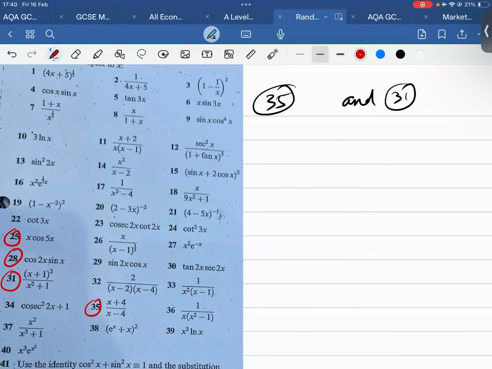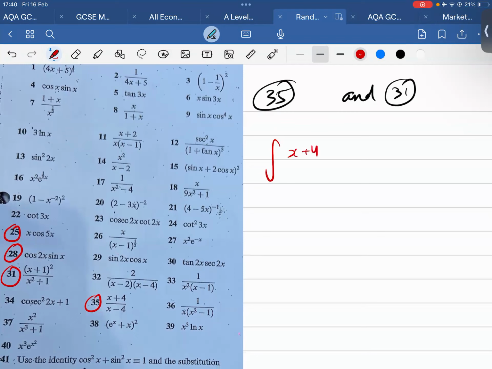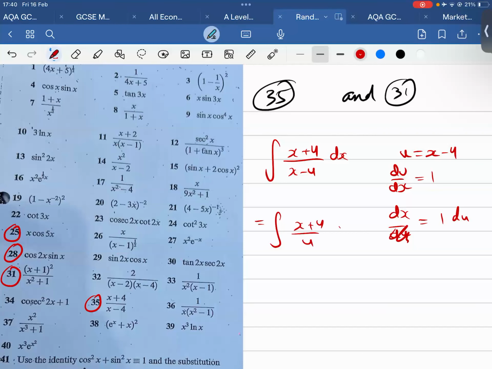So for number 35, let's do 35 and 31 because it's similar, and then 25 and 28. So 35, x plus 4 over x minus 4. So u is x minus 4. So du by dx is 1, dx by du is 1. And also, we get x plus 4 over u du. Let's make x the subject.